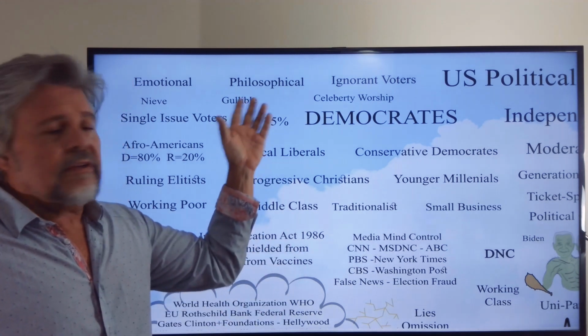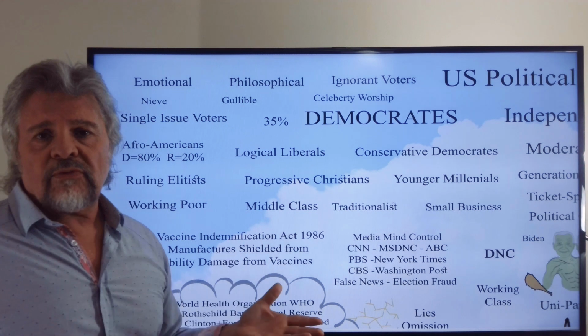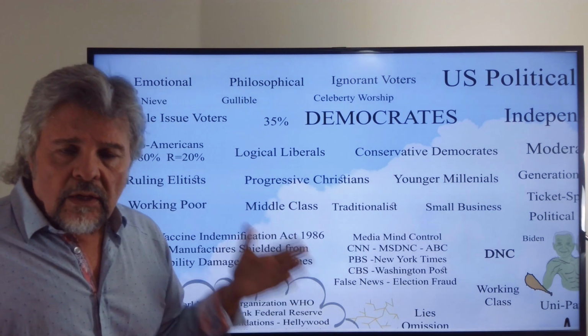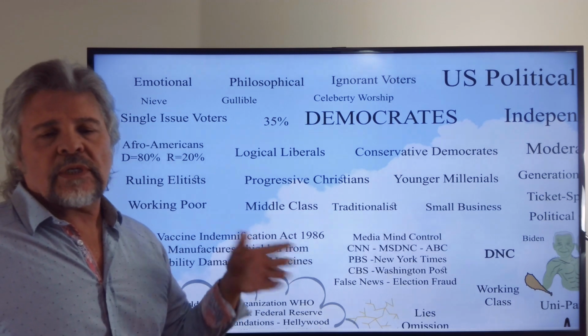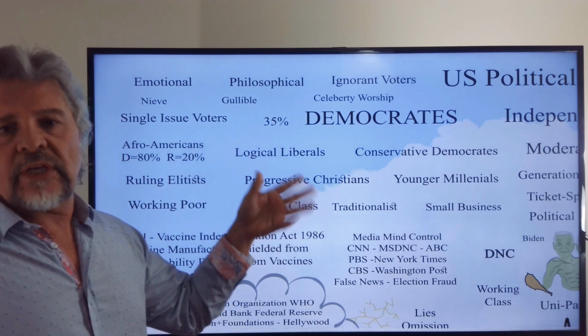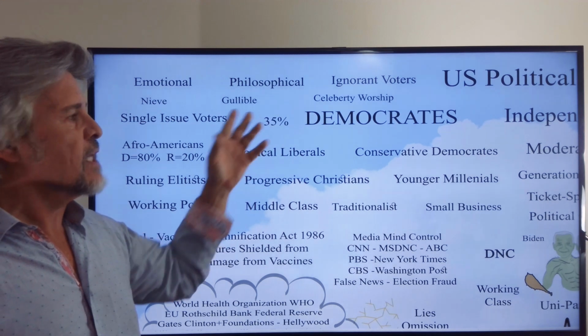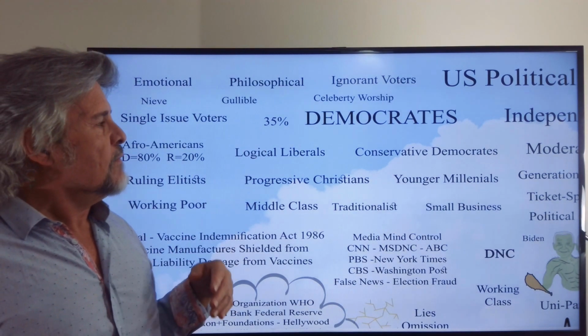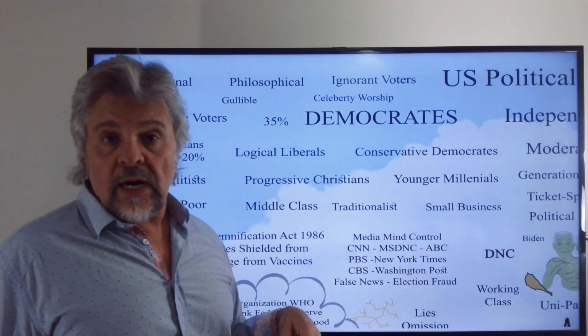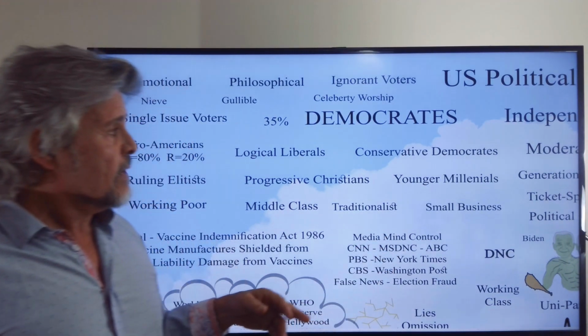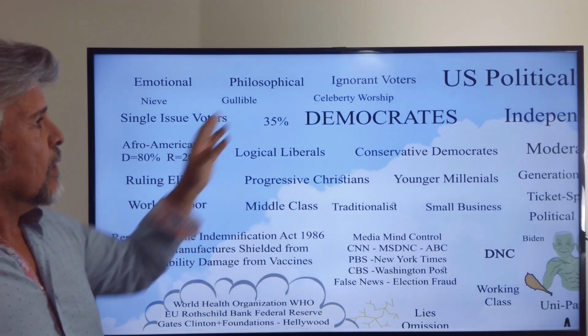All right, but we need to develop a philosophy of governing. How should our world be governed? How should we work through issues and resolve issues and live together in harmony? So there's philosophical voters, and then of course we talked about the ignorant ones that just don't care. All right, they complain the loudest, of course, and so on and so forth.